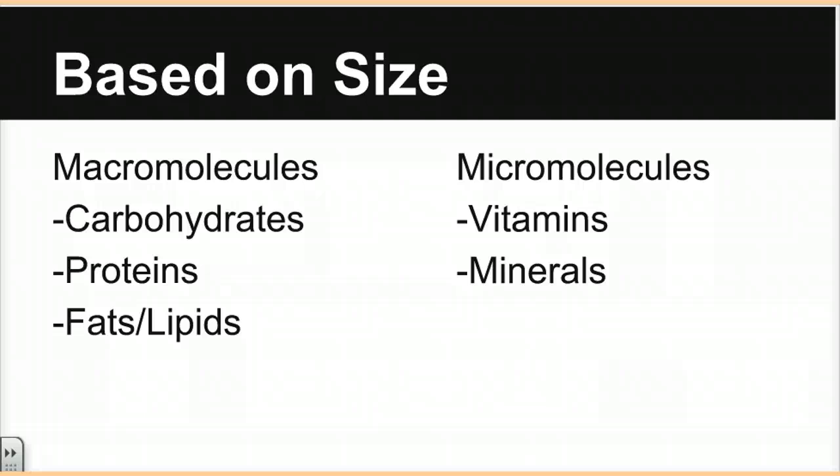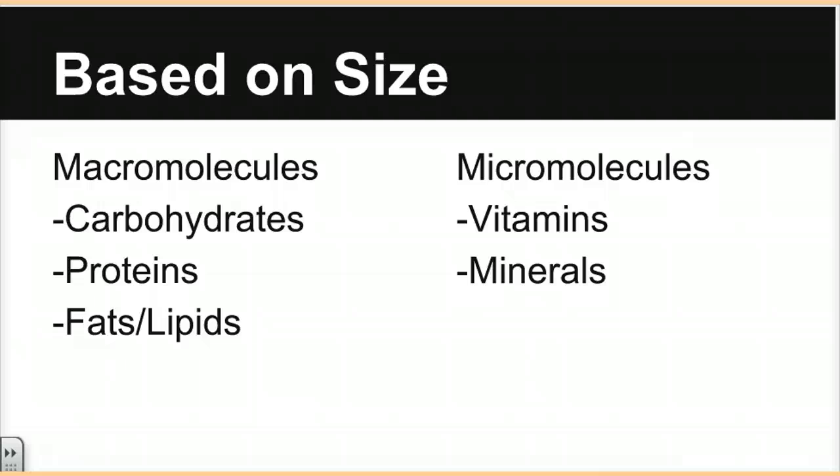So we can classify these molecules that we get from food based on organic or inorganic, depending on their carbon or hydrogen bonds, but we can also classify them based on their size.